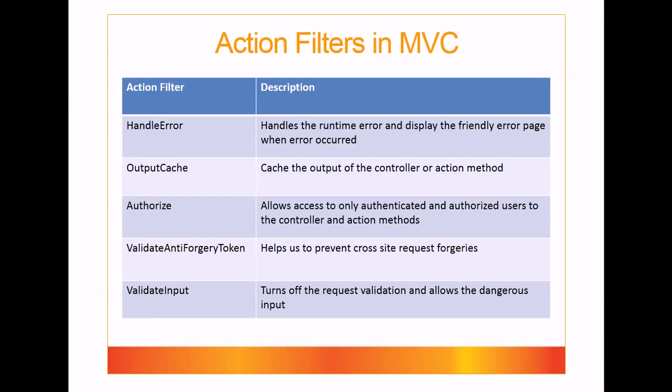What this does is it caches the output of a controller or action method. Now let us see what the Authorize action filter is. If you use the Authorize action filter, it only allows access to authenticated and authorized users to the particular controller and action methods.